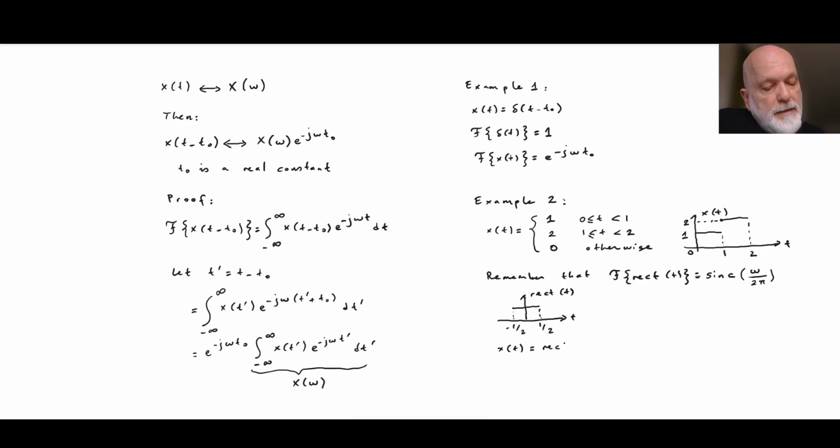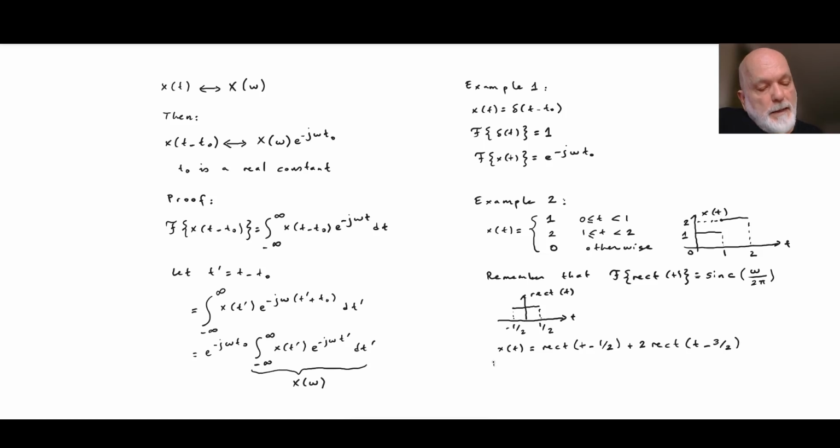So we have rect of t minus 1 over 2. And the magnitude is equal to 1, so we have no change in the magnitude. Plus, the values of x of t between 1 and 2 can be expressed as 2 times, because the magnitude is equal to 2, rect of t minus 3 over 2, since the amount of shift is 3 over 2.